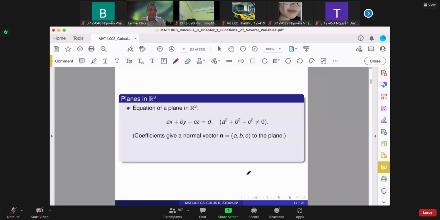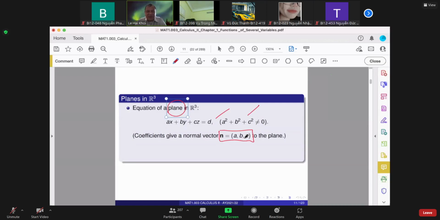Similarly, for R2 you have the equation of a line, but in R3, in this case, no more straight line. An equation in R3 must be a plane, and you also have 3 coordinates, not only 0. And you know from your high school course that if you take the coefficients of x, y, z as A, B, C, you have a normal vector.